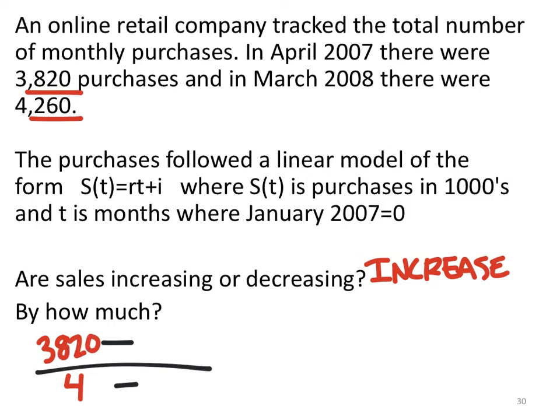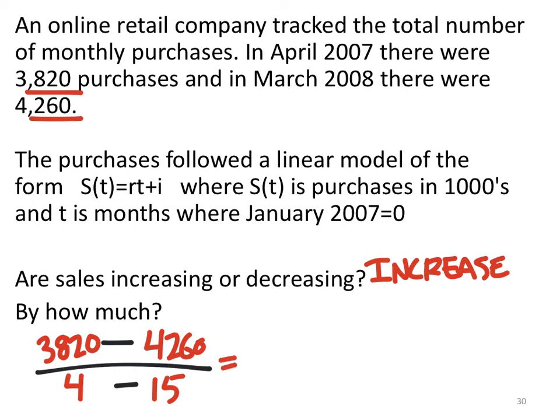And then in March 2008, so that's almost a year later, January is 12, that's January 2008, January, February, March, that's 14 months after January 2007. But it's 4,260 purchases on that, okay? Well, we can solve this, and that would tell us the slope.